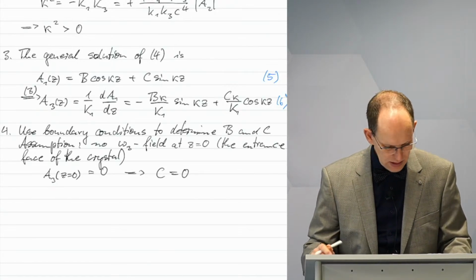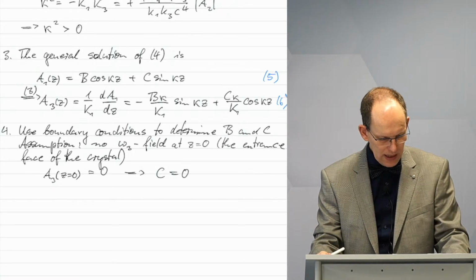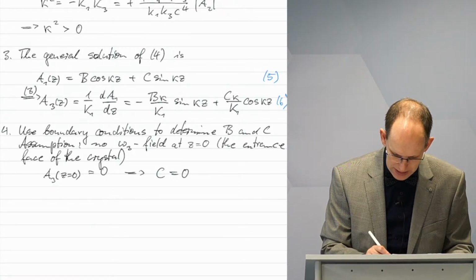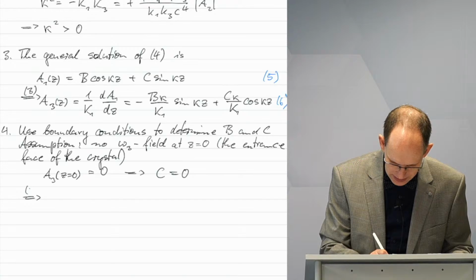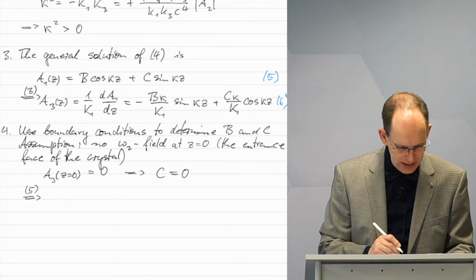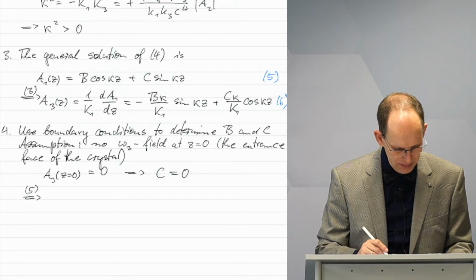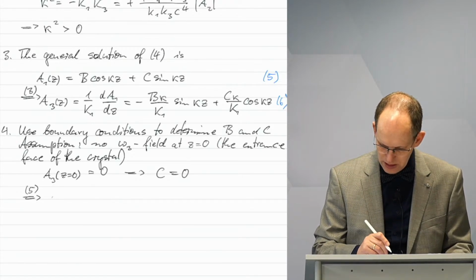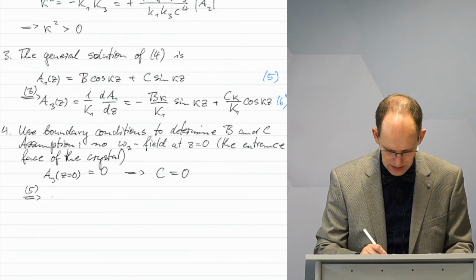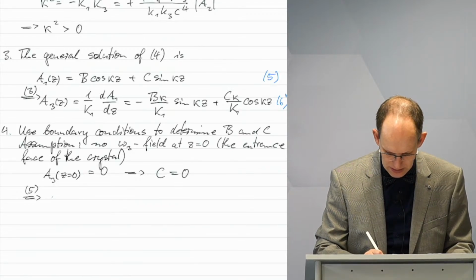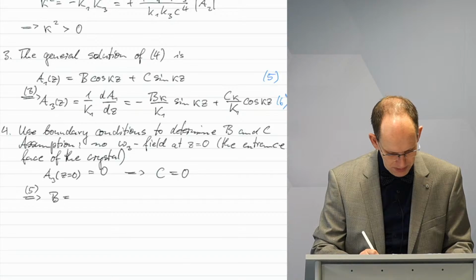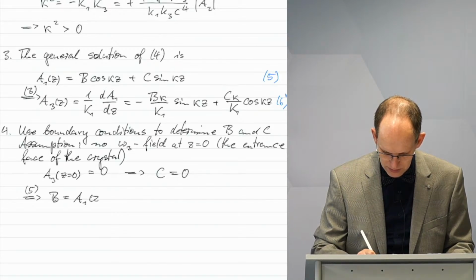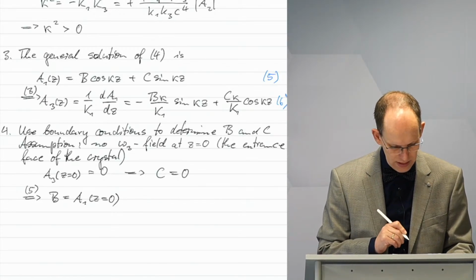So C is equal to 0. Then if we use this in equation 5, we can immediately say what A1 at position Z equal to 0 is, namely B. So B is equal to A1 at the position 0.